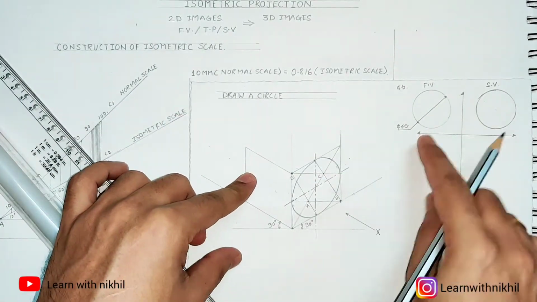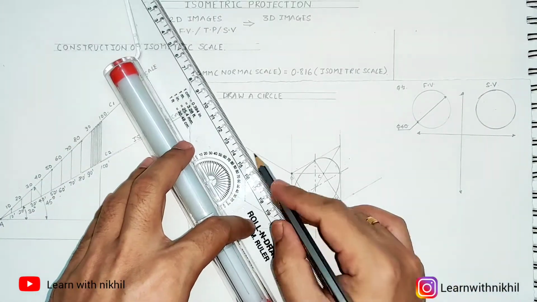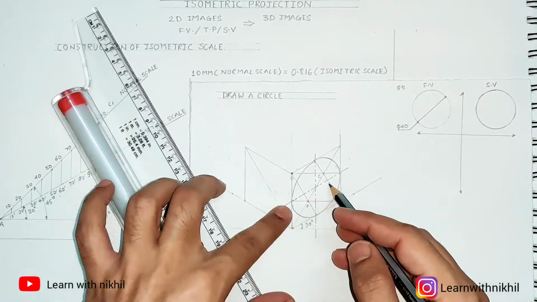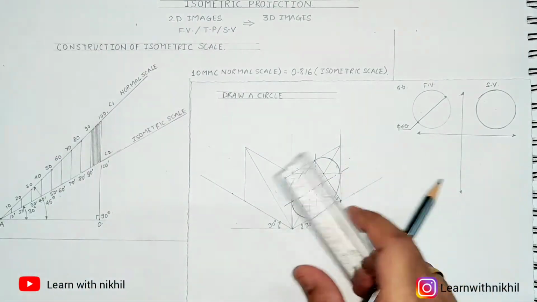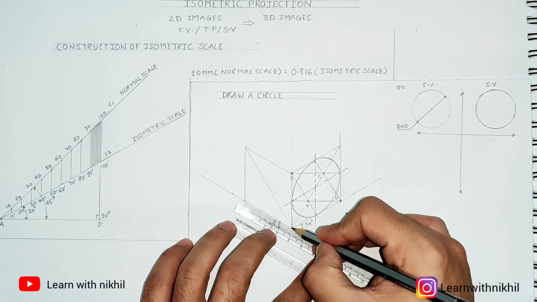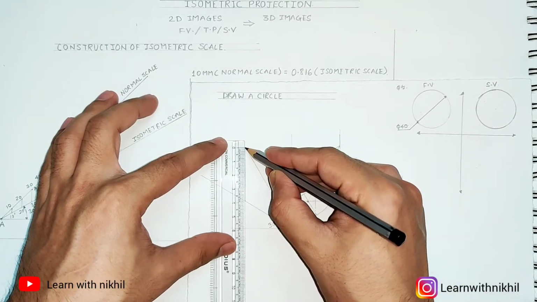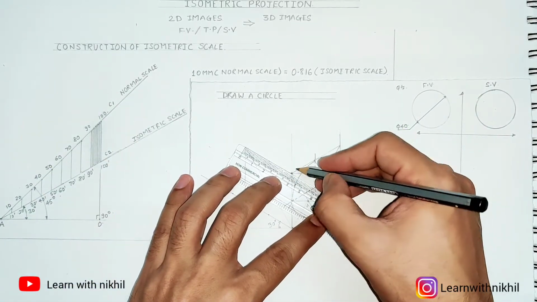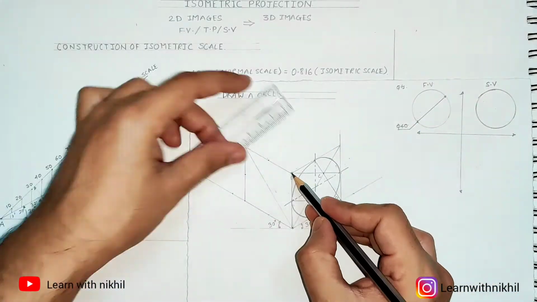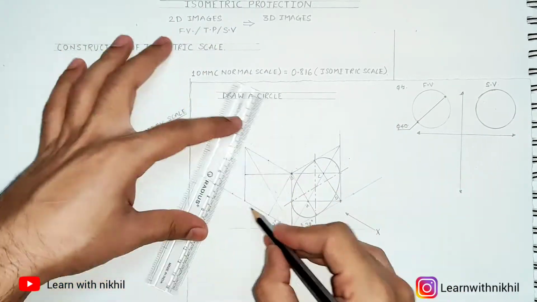Now next step, step number 2, draw the diagonal. Join the longest diagonal. So this is the longest diagonal, and from the other points, join the midpoint of the opposite line. So marking the midpoints and joining with the opposite point.